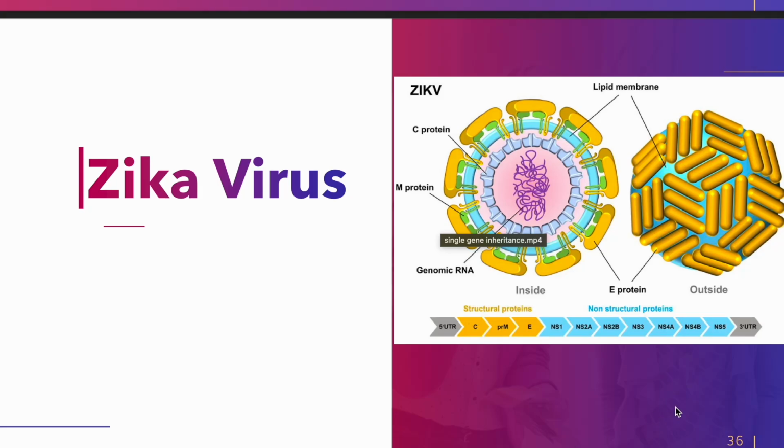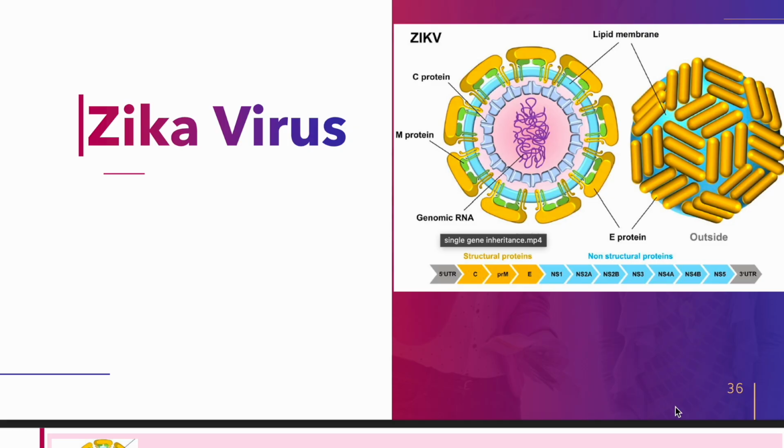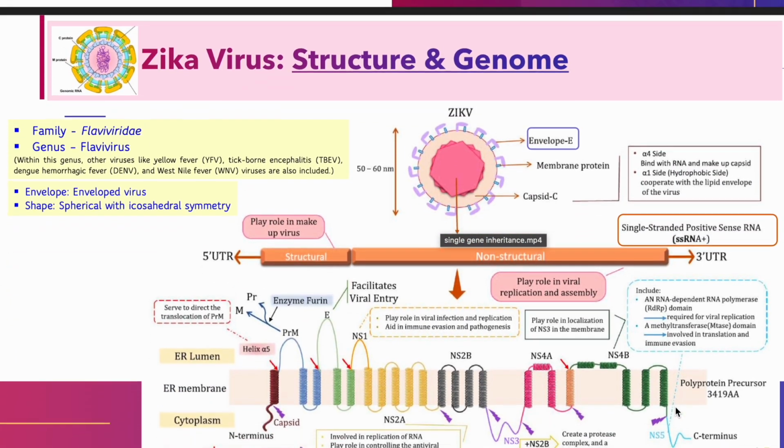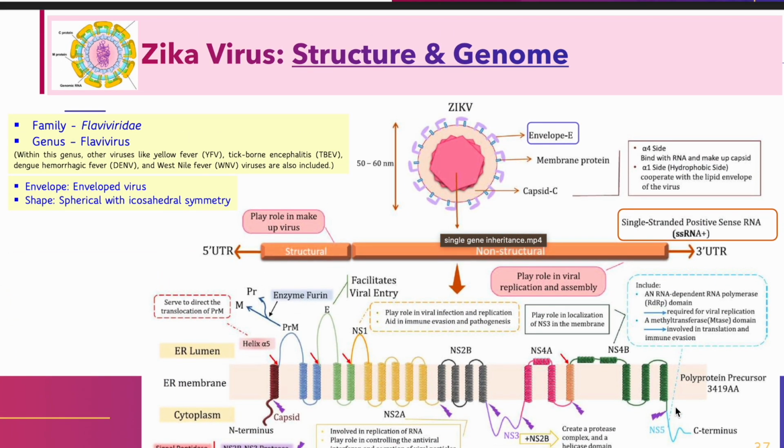The second one is Zika virus, which is an arbovirus as well. Zika virus belongs to family Flaviviridae and genus Flavivirus, which includes yellow fever virus, tick-borne encephalitis, dengue hemorrhagic fever, and West Nile fever.